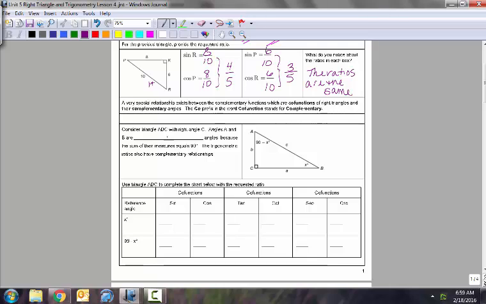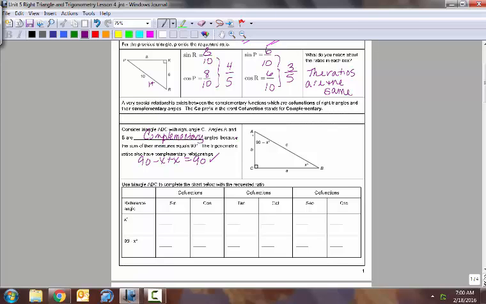So if we consider the triangle ABC with right angle C, angles A and B are complementary angles because the sum of their measures equals 90. The trigonometric ratios also have complementary relationships. So let's just prove out that 90 minus x plus x does equal 90.